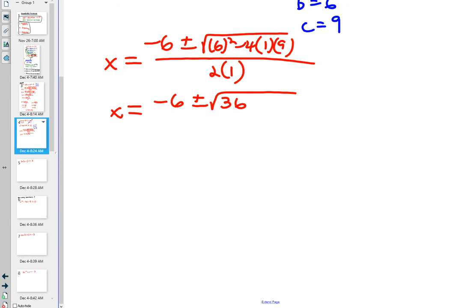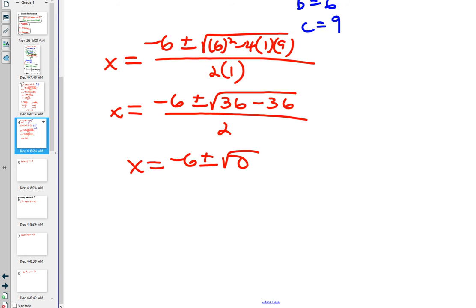How many negatives come after the square? Just 1, and 4 times 1 times 9, according to Jair, is 36. Uh-oh, spaghettios. -6 plus or minus the square root of 0 is equal to 2. What type of discriminant did I end up with? 0, which means how many solutions am I going to have? 1.